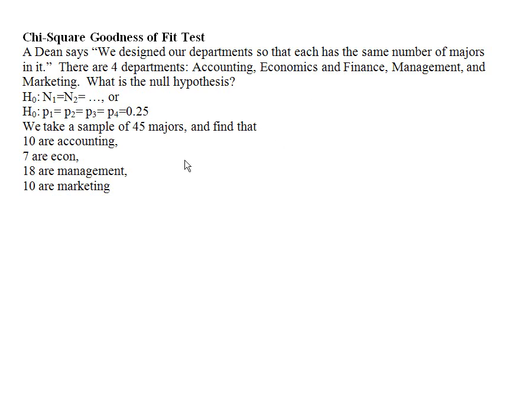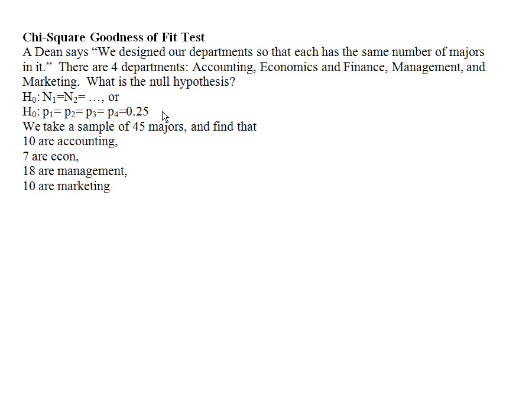So suppose we go out and collect a sample of 45 different majors, and we find in our sample 10 are accounting, 7 are economics, 18 are management, and 10 are marketing. How could we do a chi-squared test to see whether our data fit our preconceived notion, that all were equal?